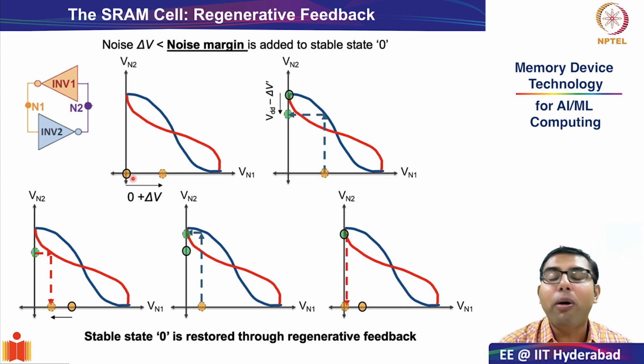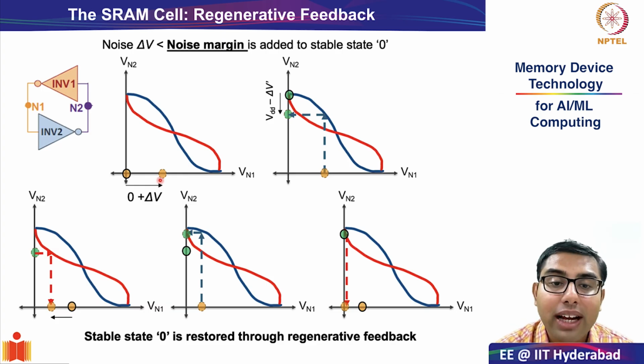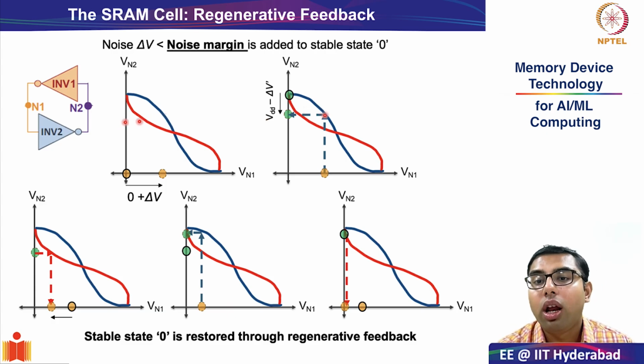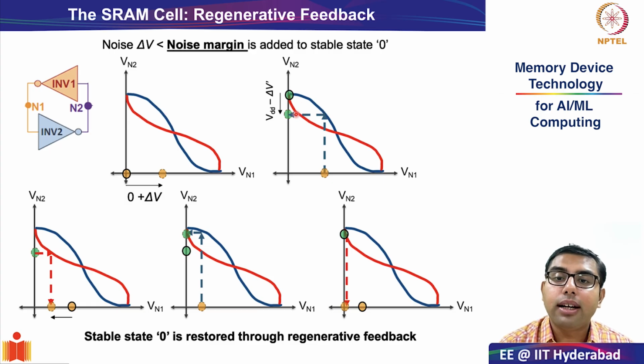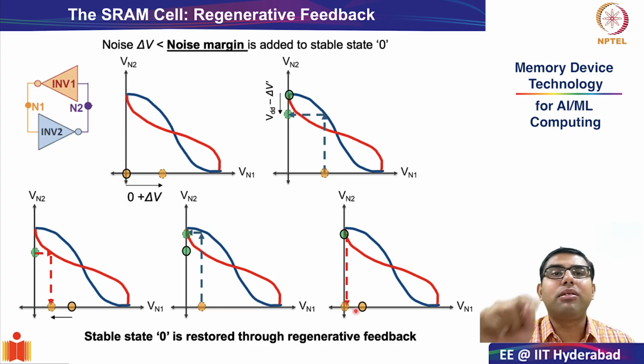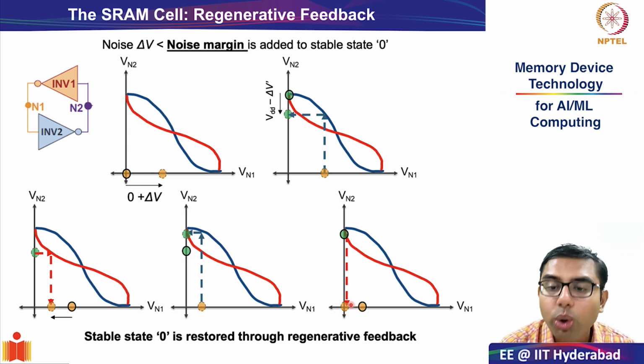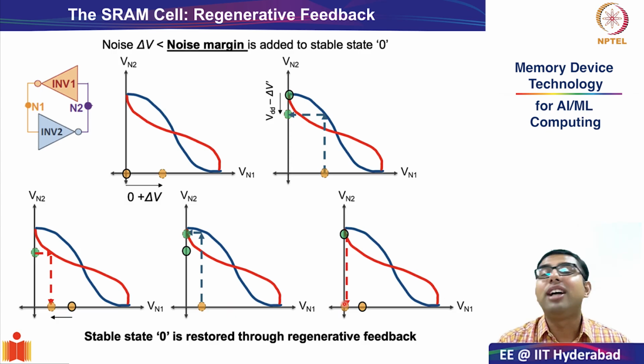So this is a very important concept. So very quickly I'll give you a recap. Very simple. You added a small noise on Vn1 and you saw which is the corresponding loop to find out what should be the value of Vn2. It turned out to be the blue curve, and you did it successively bouncing off curve blue and curve red, and you saw that just within a few bouncing of the hysteresis curves, the values of Vn1 and Vn2 have been restored to the original values.